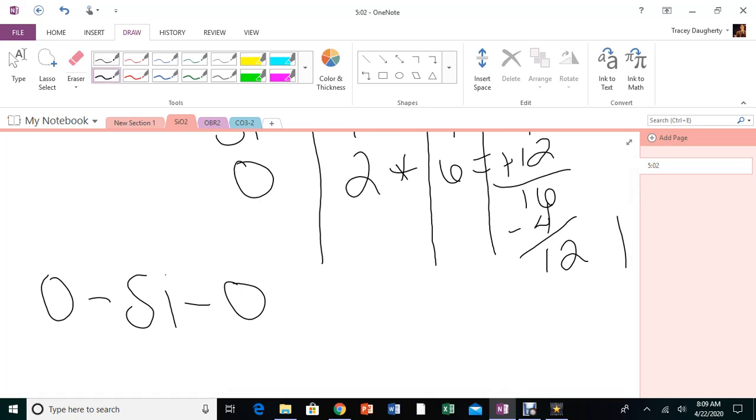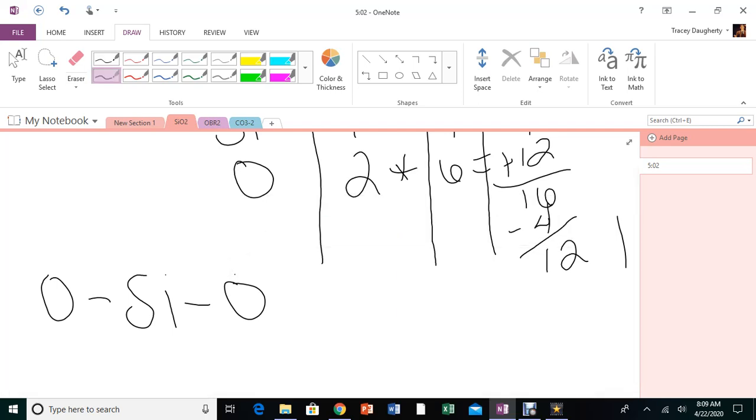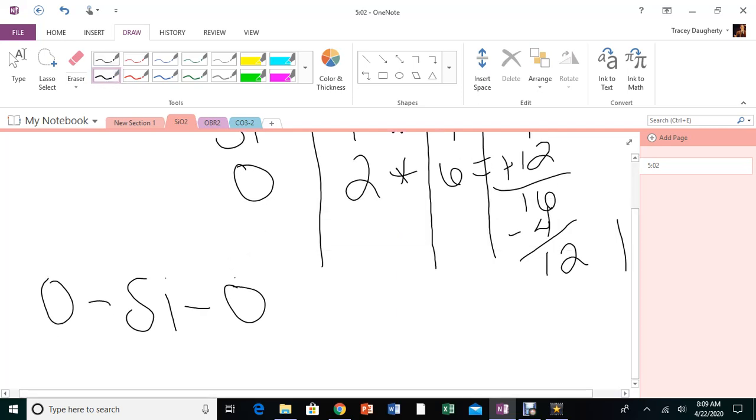We fill the octets of the outer atoms. So 1, 2, 3, 4, 5, 6. 1, 2, 3, 4, 5, 6. And we've used up all 12 electrons.